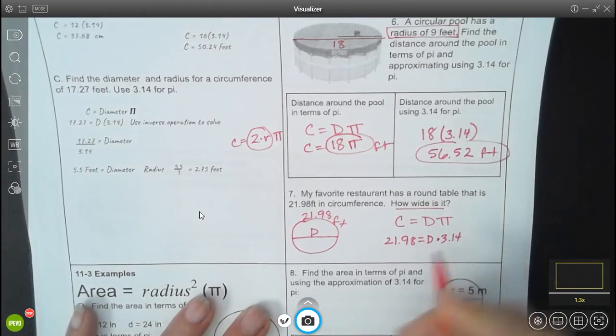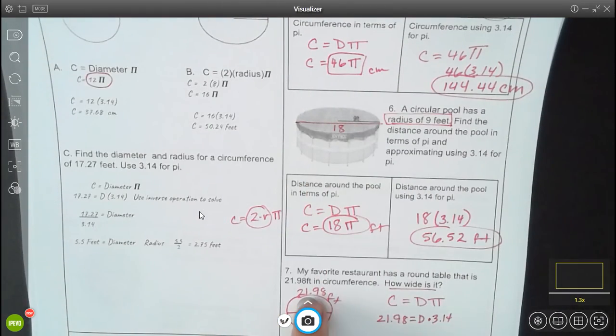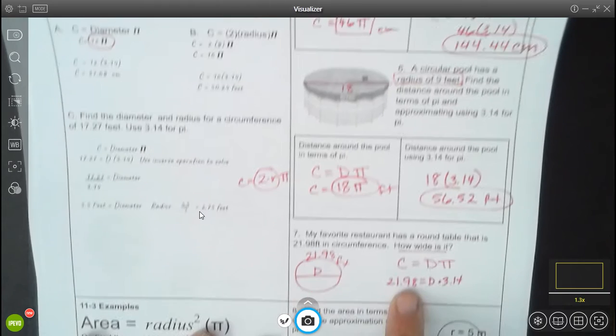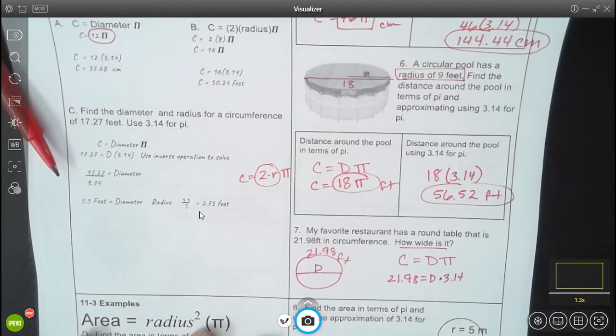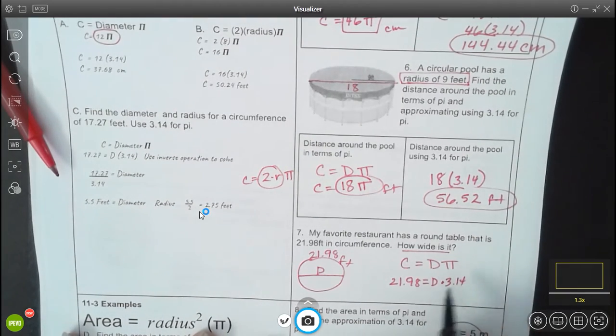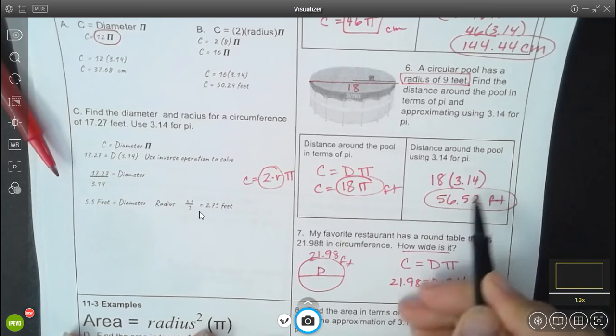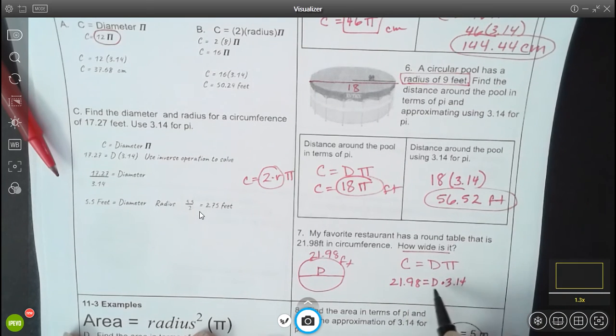Okay, so unlike the earlier problems where I was looking for circumference, this one I know the circumference and I'm going to work backwards to try to figure out the diameter. Well, you've worked backwards how many times this quarter? If we multiply to go forward, we would divide to go backwards.